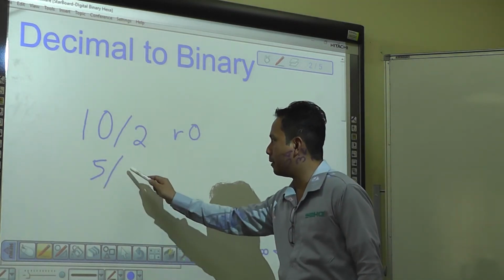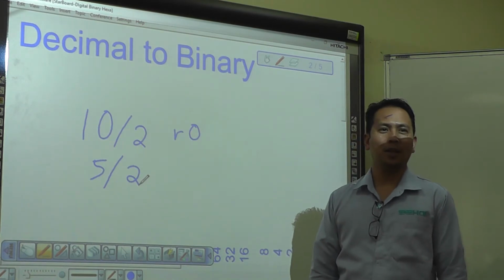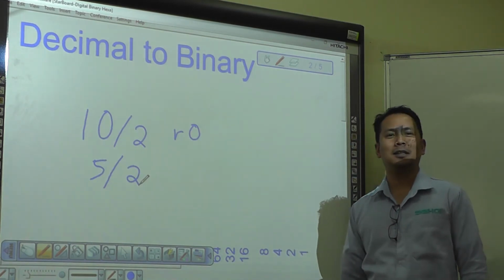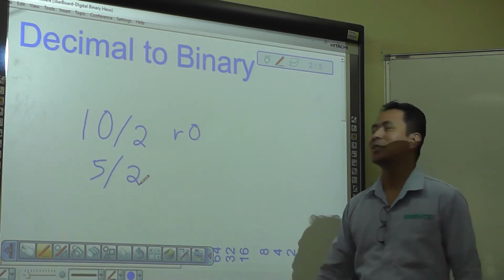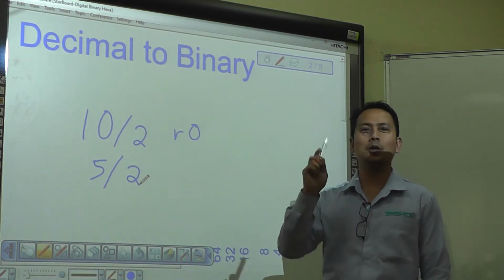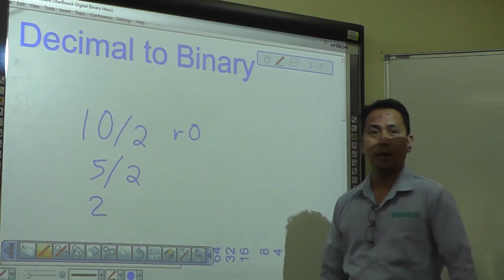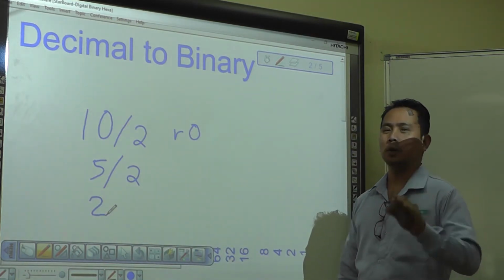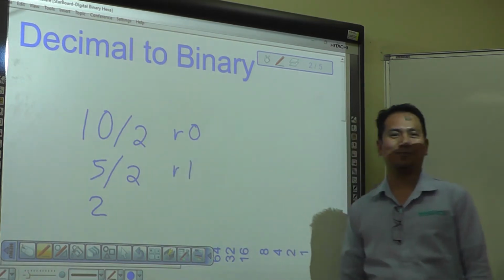If I divide 5 by 2, what is the answer? By using the calculator, you get 2.5. But do not include the 0.5. Just put 2 here, and instead you put the 0.5 as remainder 1.